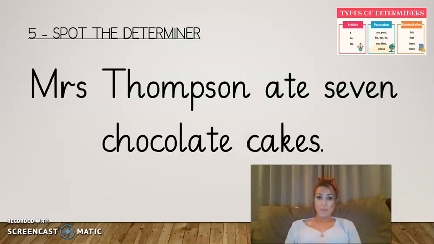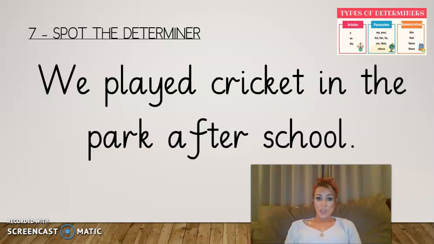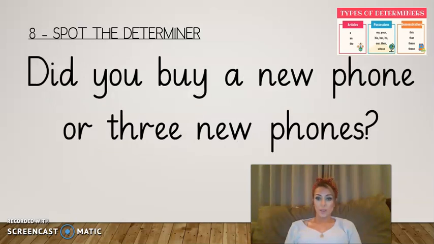Number five, Mrs. Thompson ate 7 chocolate cakes. Number 6, your playground has 3 toys in it. Number 7, we played cricket in the park after school. Number 8, did you buy a new phone or 3 new phones?